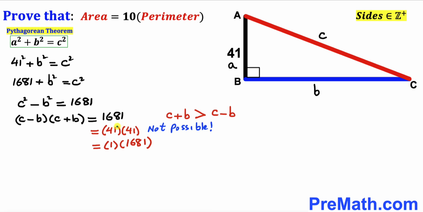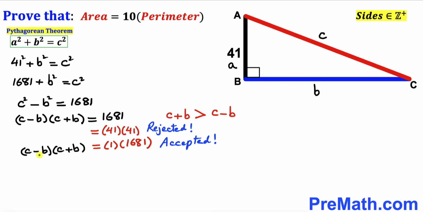This first option is not feasible since both of these numbers are equal, so we reject this scenario and accept the other scenario, since 1 is smaller than 1681.